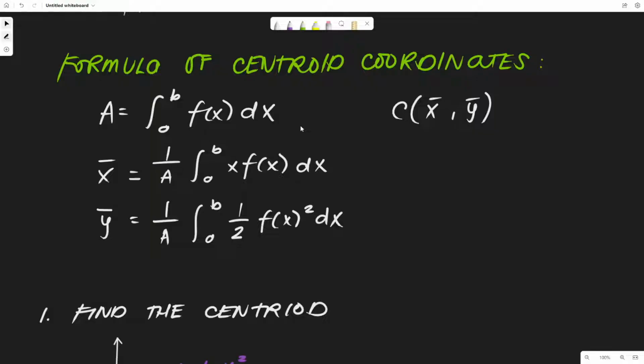And the y coordinate, represented by y bar, is equivalent to 1 over A times the integral of 1/2 f of x quantity squared dx from a to b. Then we take the values of x and y and represent them as a point, so we get the point of the centroid. These are what we will use.